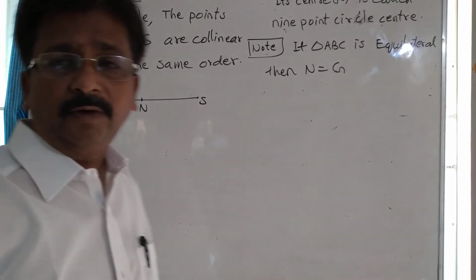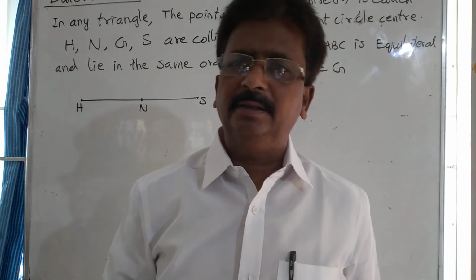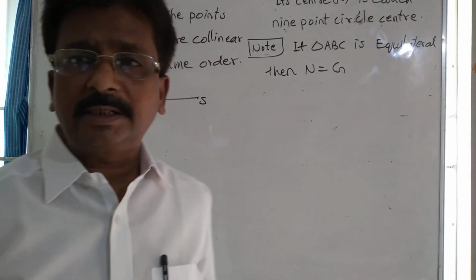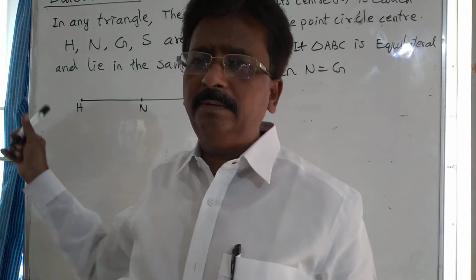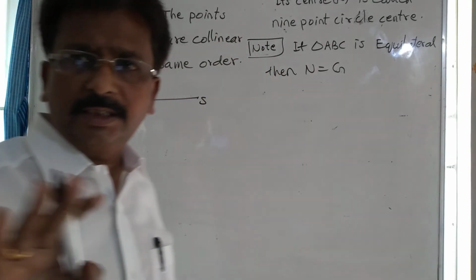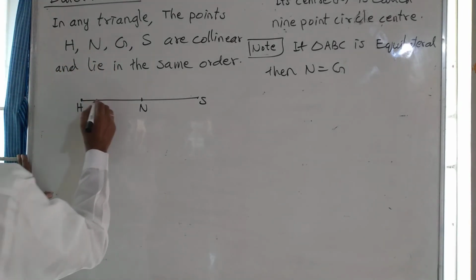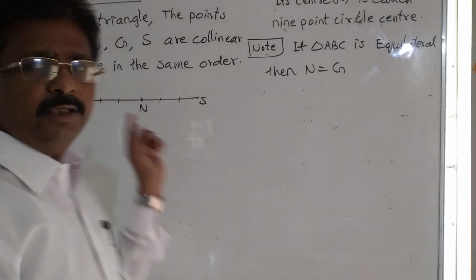Okay. At what place does G lie on that line segment? It is an internal point. First let us divide this line segment from H to S into 6 equal parts. Assume each is 1 unit.